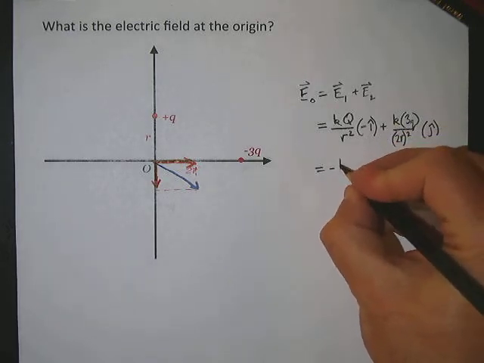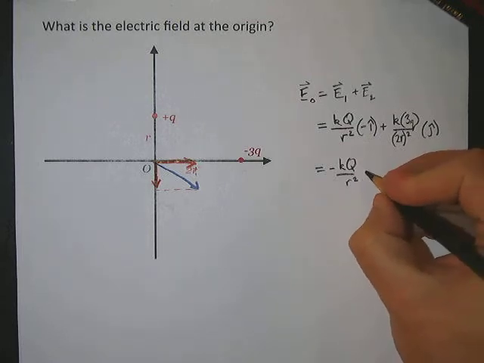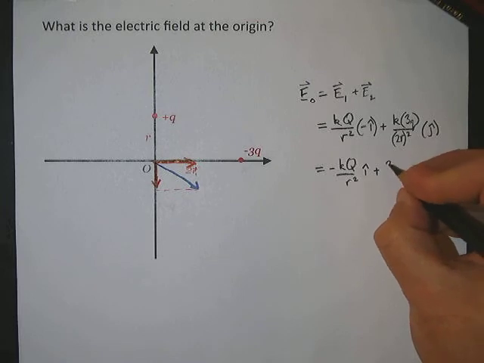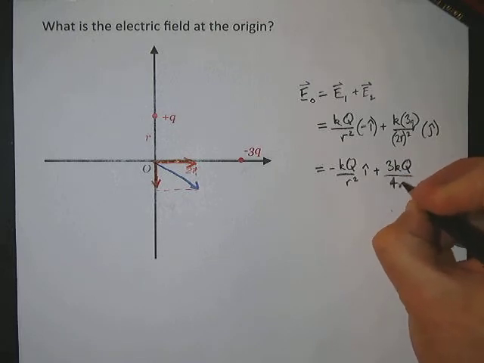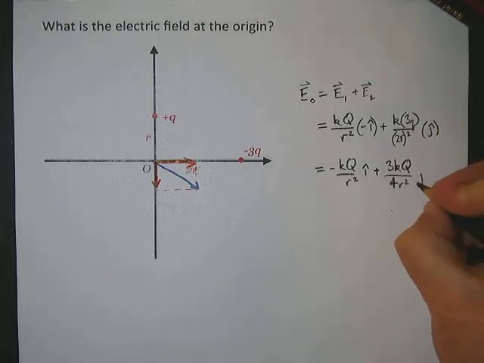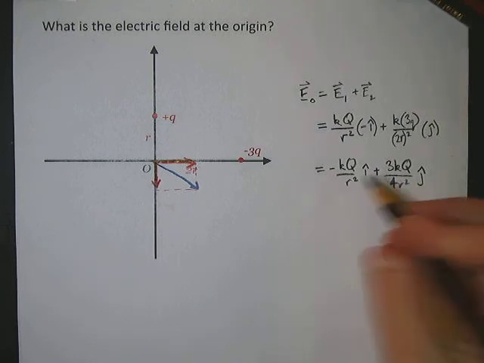Okay, so the final result will be negative kq over r squared i hat plus 3kq over 4r squared j hat.